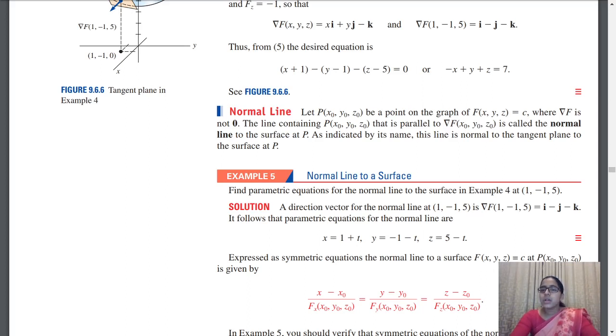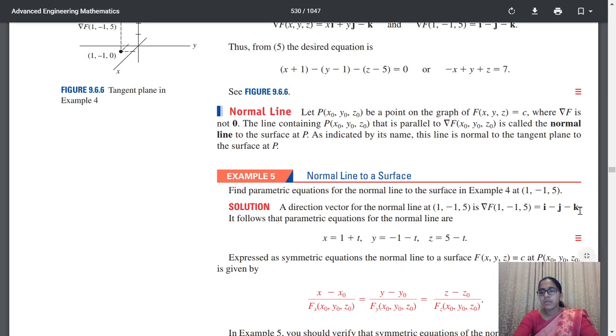We just need to find the direction vector for the normal line, and we had done how to find the parametric equation given a point and a vector in the first sections, and you can also just recall it. So what will it be? x will be 1 + t, y will be -1 - t, and z will be 5 - t.